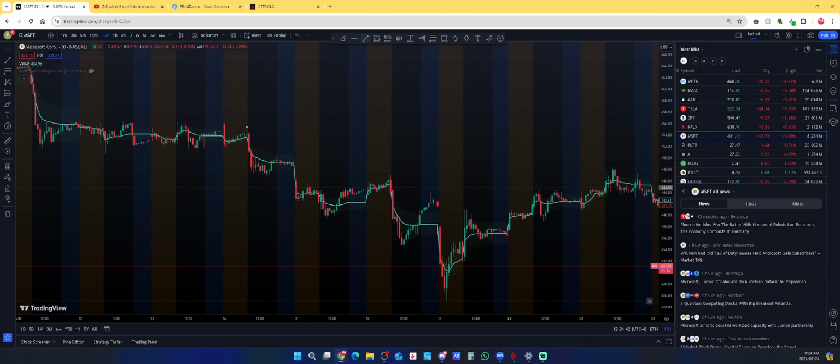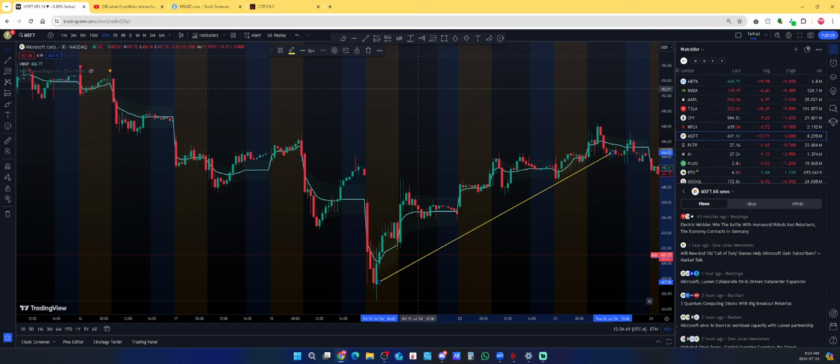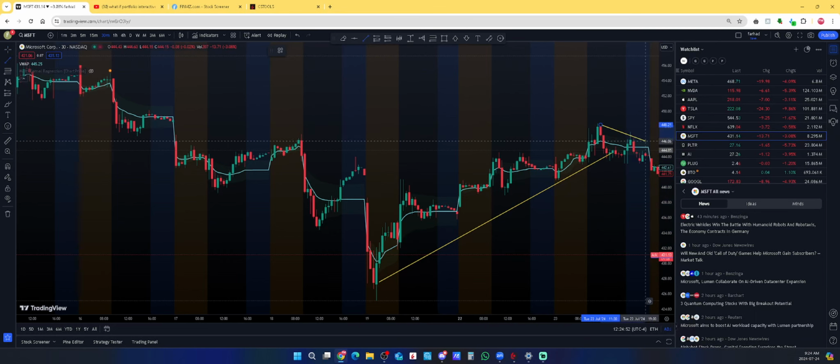As we can see here, we were trending up, and now we are in a downtrend, moving down.